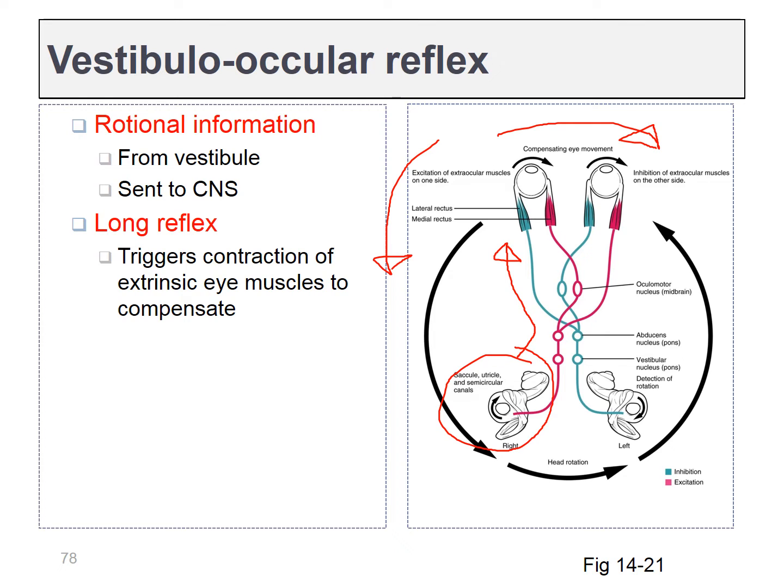You'll notice you can stay focused at your own image in the mirror, and you didn't have to think about how fast you had to move your eyes to stay focused on that single object. This was carried out by this reflex. We detect the exact amount of rotation, and this automatically causes the eye muscles to move the eyes in the exact opposite direction at the same speed to compensate.